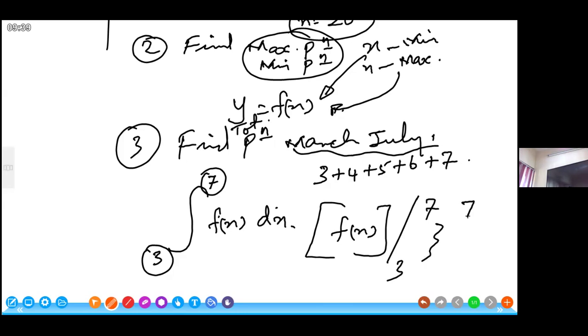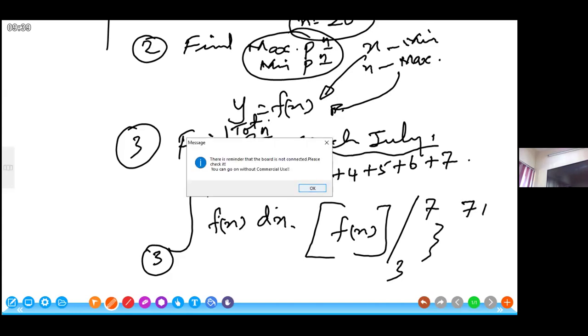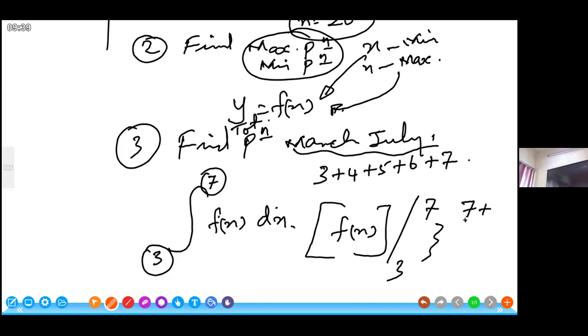Starting from 7th month, then anyone? 6th month, 5th month, 4th month. How about 3rd month? 3rd month will be excluded from this calculation.